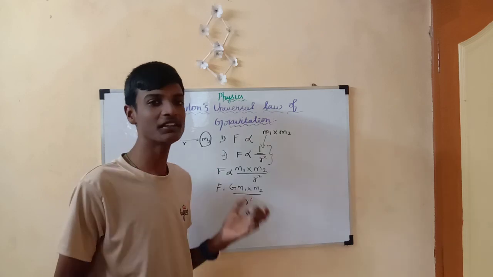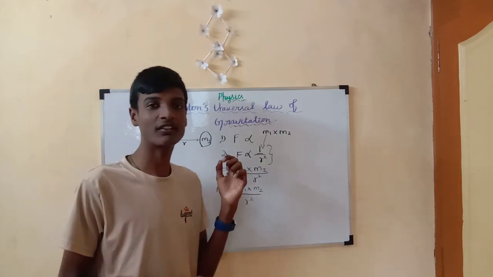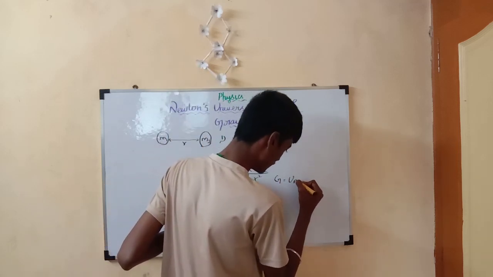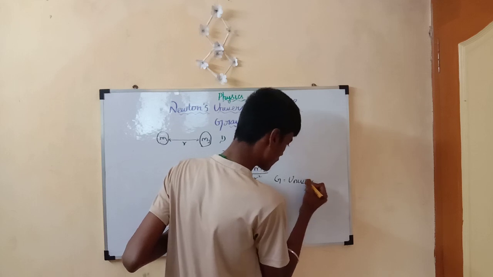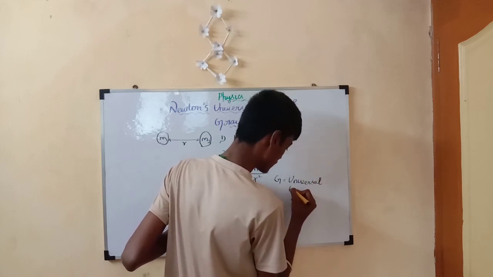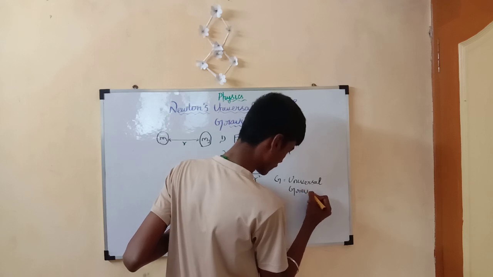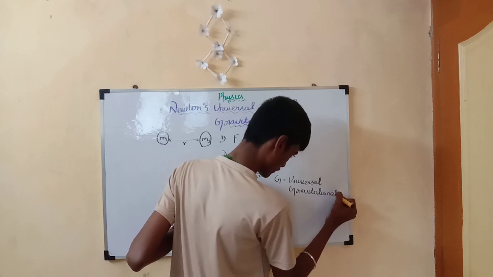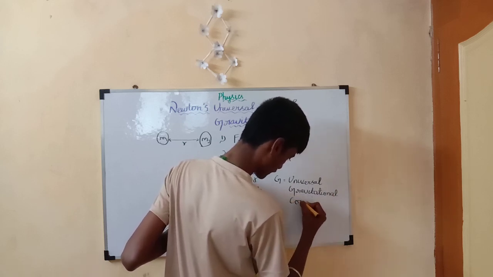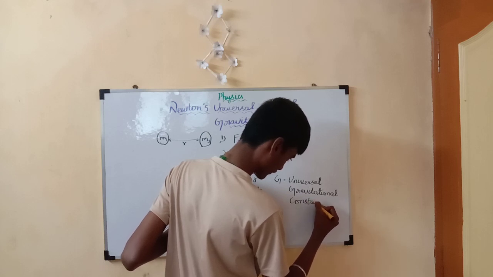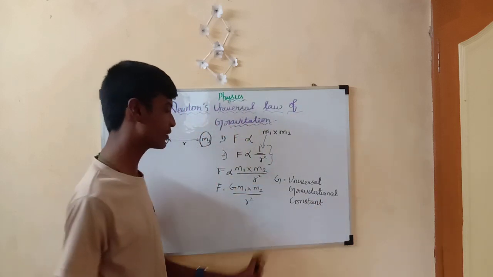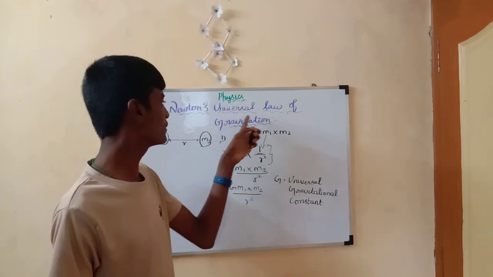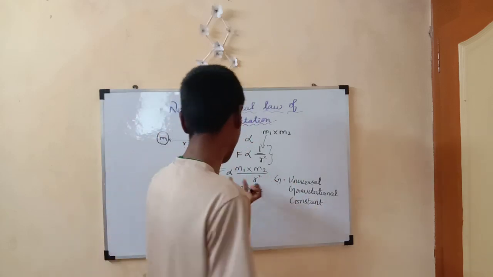It is the universal gravitational constant. So this is the universal gravitational constant, so that we can put the G. Otherwise no constant would be added, because it is the universal law of gravitation. So that is why I am putting G.